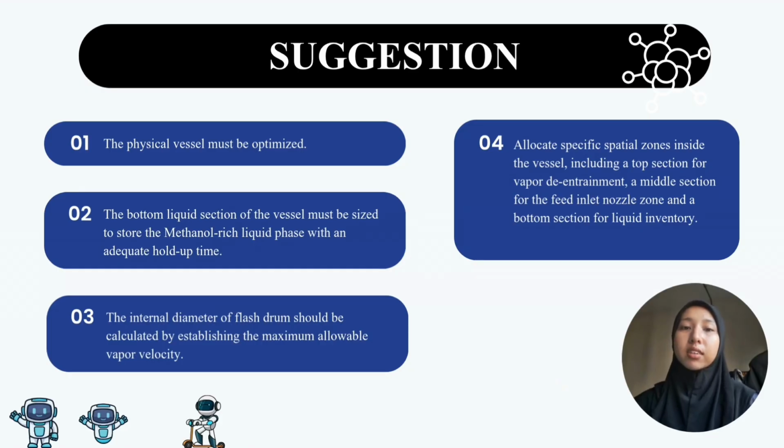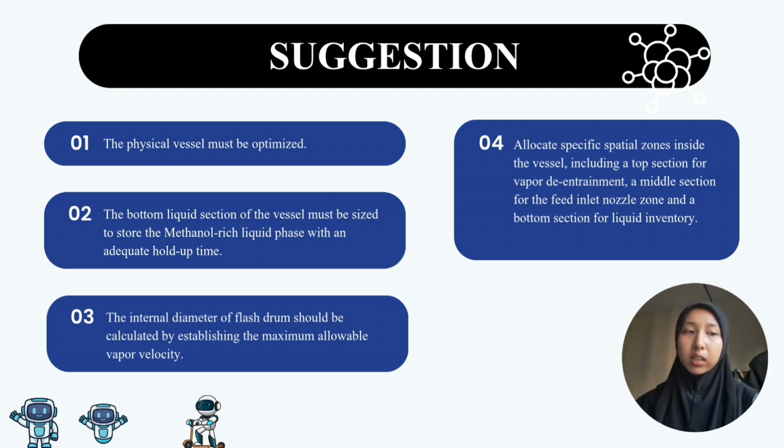And next, for the suggestion part, to get a better flash separation design, we should optimize the physical vessel for the feed mixture. Other than that, the bottom liquid section of the vessel must be sized to store the methanol liquid with an adequate hold-up time.